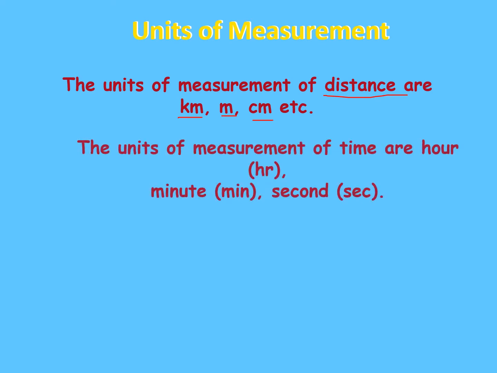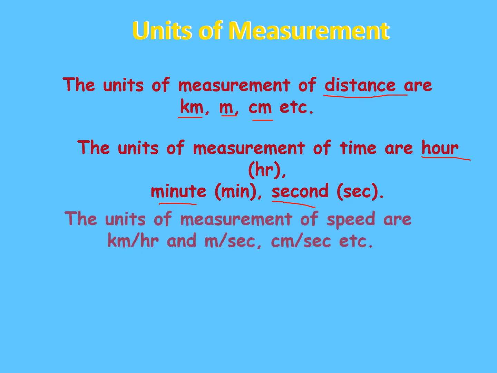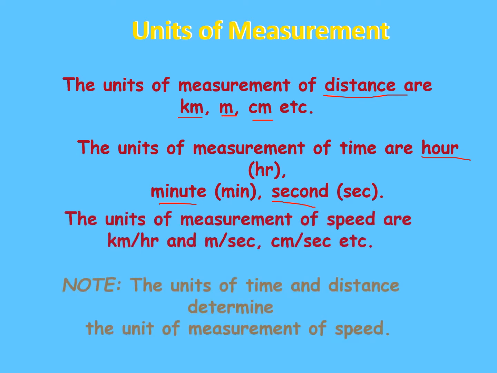The units of measurement of time are hour, minutes, and second. The units of measurement of speed are kilometers per hour, meters per second, centimeters per second, and others.